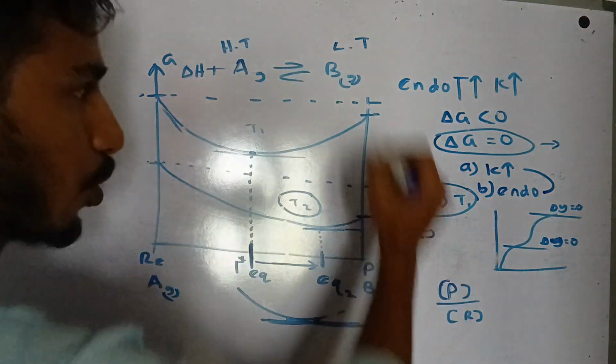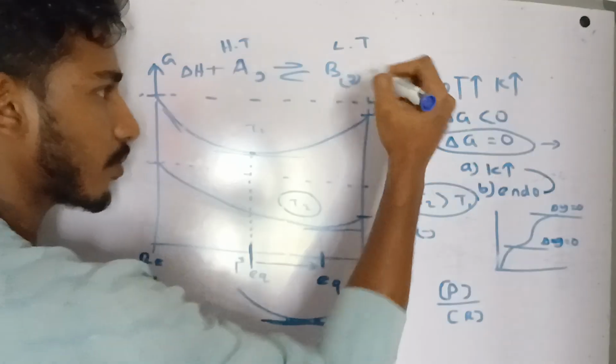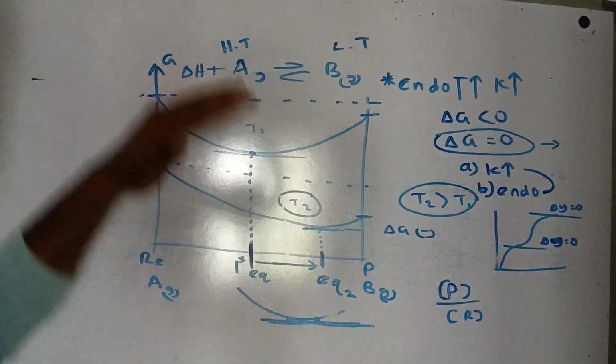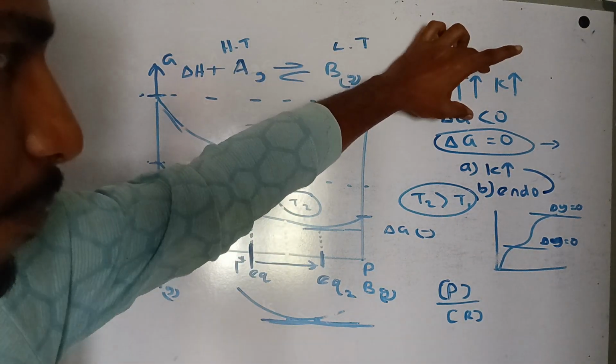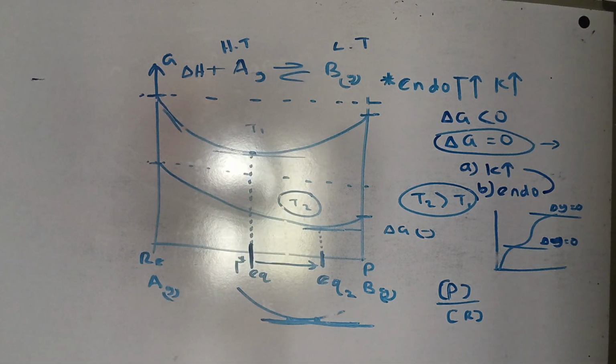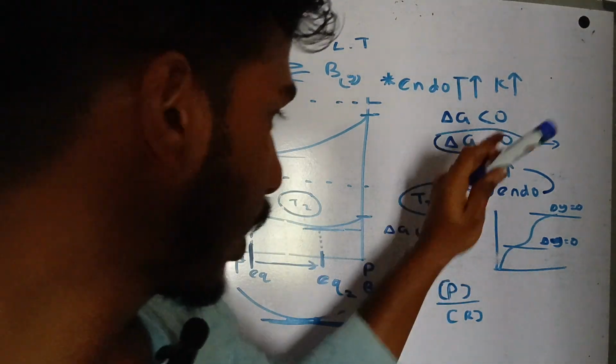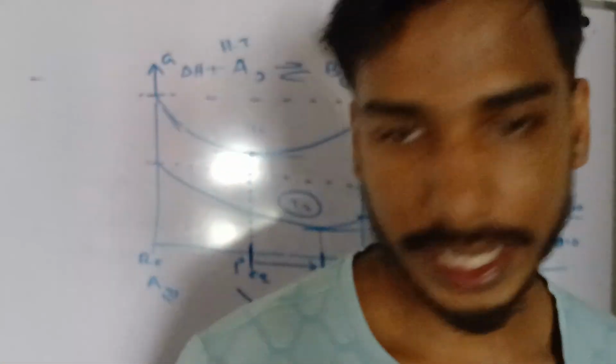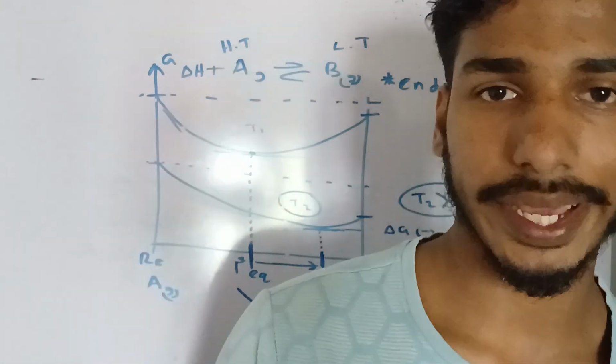So these are the short points which you should get from here. So anyways, A and B are correct. Answer D is wrong because they are saying it's an exothermic reaction.